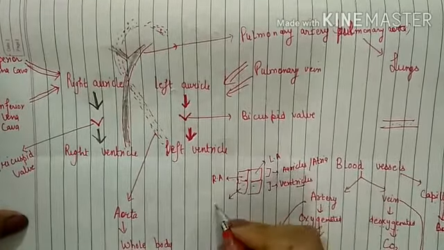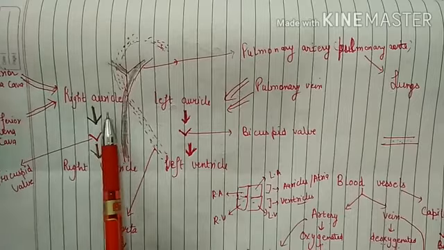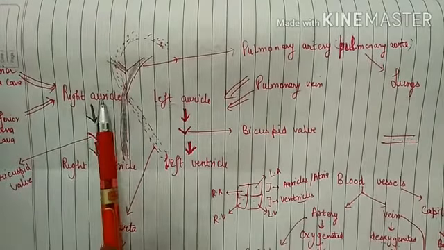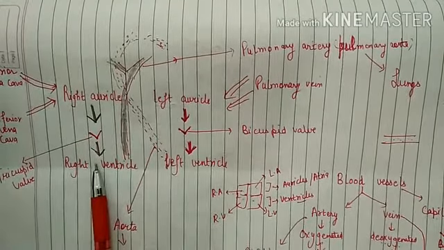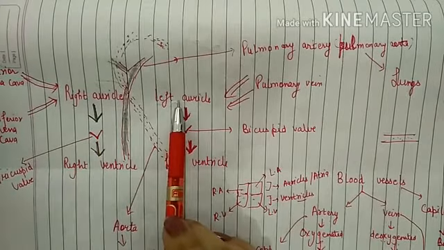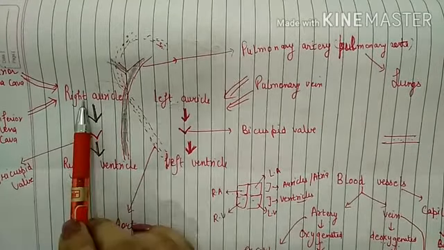So let us see here in this flow chart. Just try to understand first of all, these are the four chambers of the human heart. So this is the right auricle, let us assume, and this is the left auricle. First of all, we will consider the uppermost chamber, that is the right auricle.